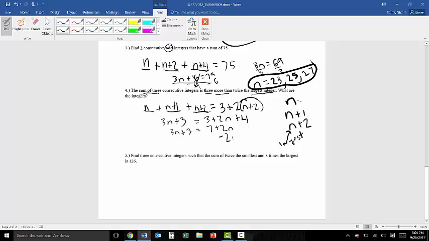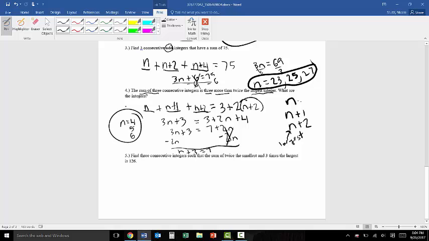Alright, so I choose to subtract 2n on both sides. So I get n plus 3 equals 7, which means n has to equal 4. And then make sure that you get your other numbers. It says what are all the integers? So 4, 5, and 6 are your 3 numbers.